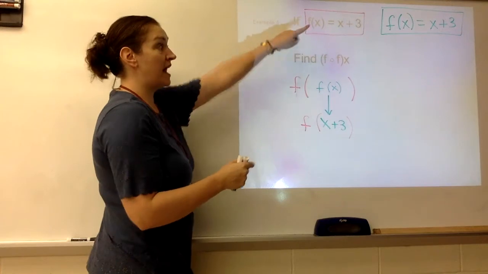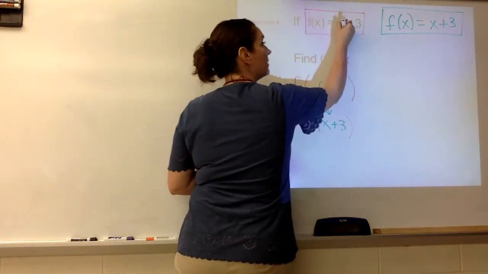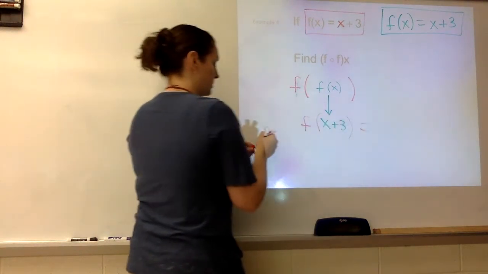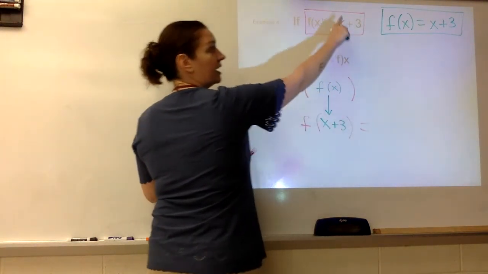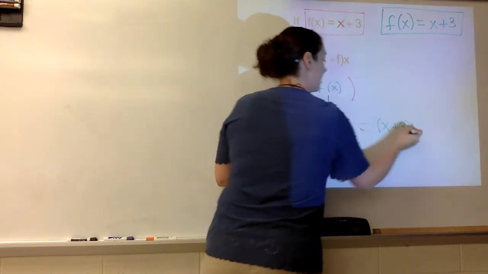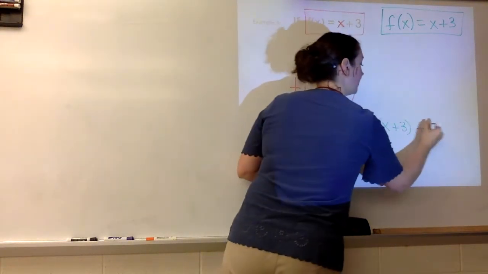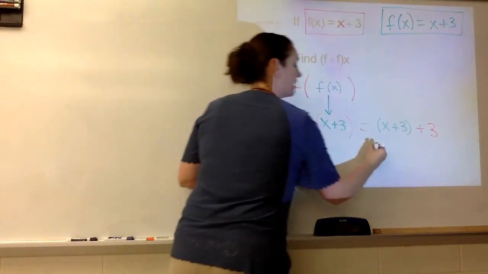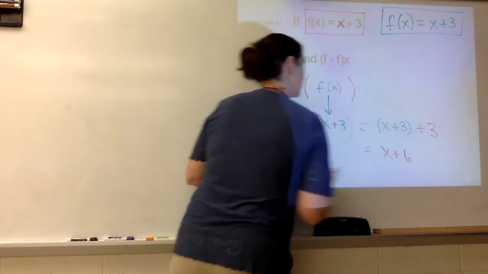So I go to my red function up here. Every place I have an x, what do I replace it with? X plus 3. So this x is going to come out, and in its place I'm going to put in x plus 3, but then I still have a plus 3 of the red function to add. So my final answer is x plus 6.